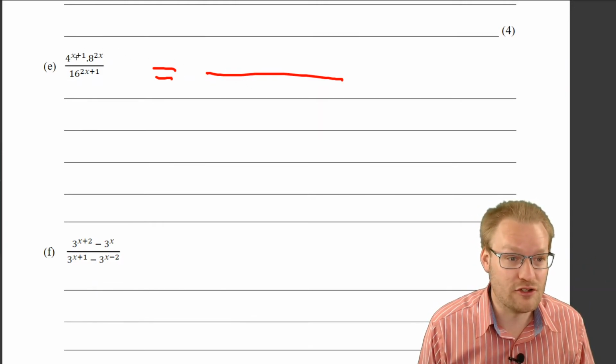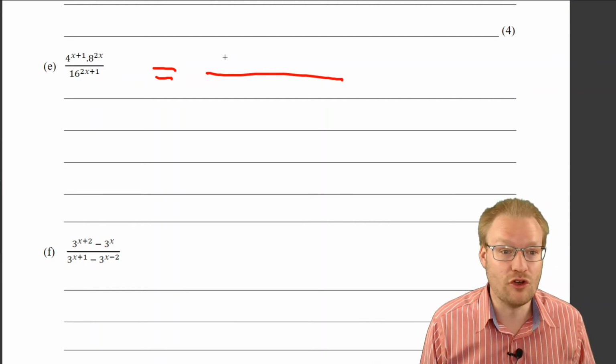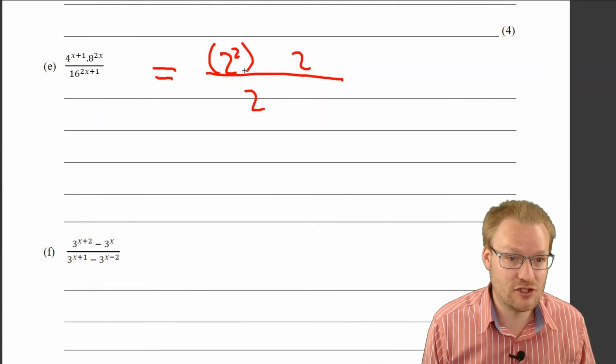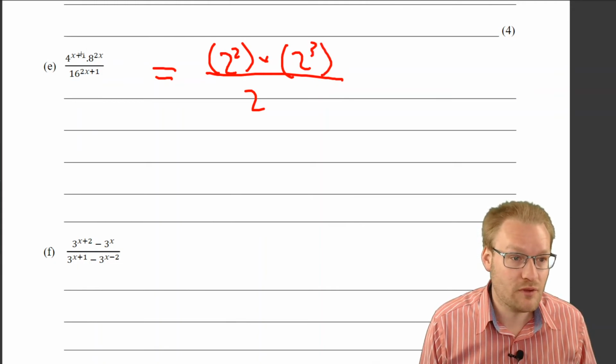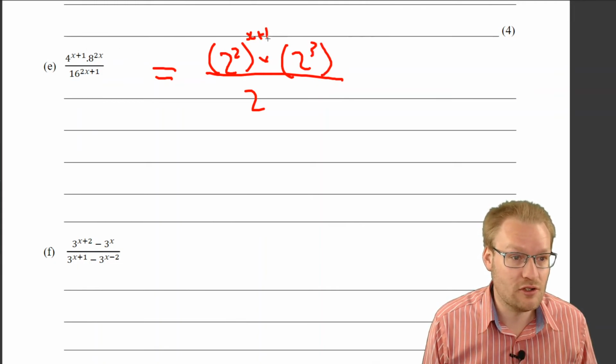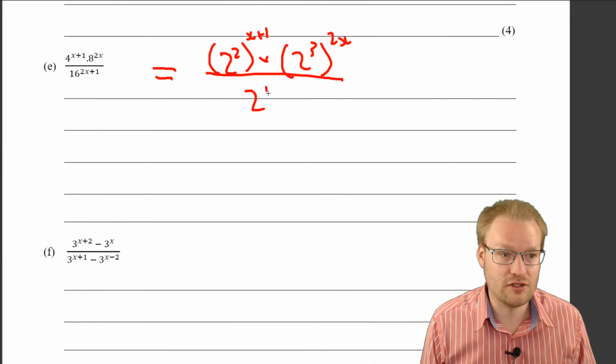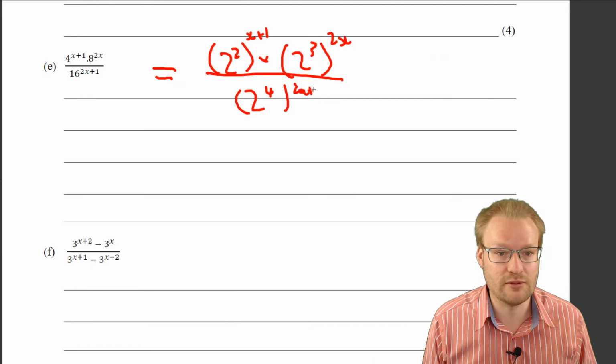We're going to change them all to prime bases. So you want them all to be 2's because they all work out to be 2. So that's 2 squared, that's 2 cubed, and then you put that exponent on the top. Then you multiply in, and this is 2 to the 4, and it's 2x plus 1.